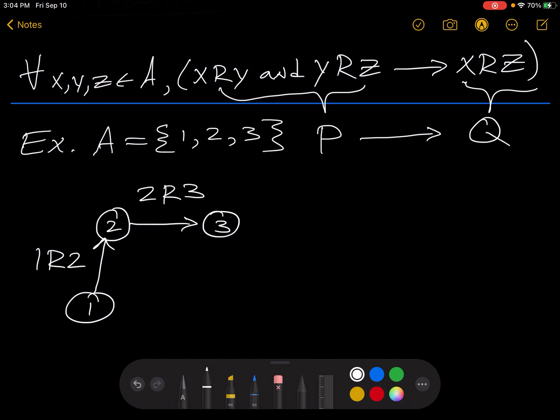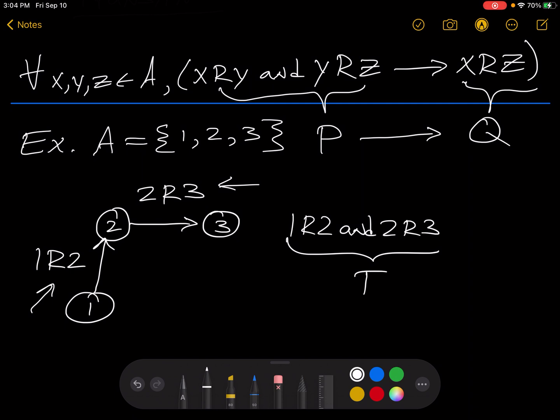Now, we know that 1 is related to 2. That's right here. And we know that 2 is related to 3. So we know that 1R2 and 2R3 is true. Right? So our P is true. Now we want the overall conditional statement underlined in blue to be true.